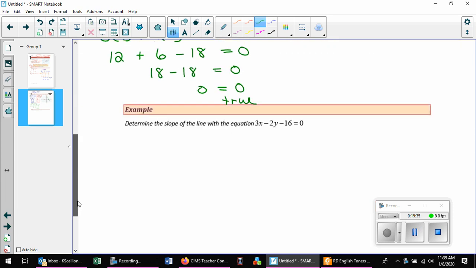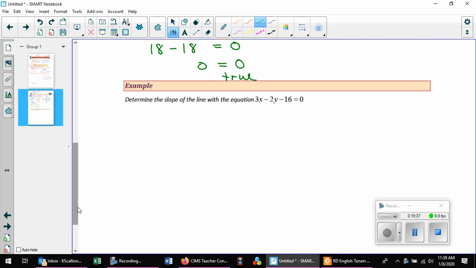Okay. All right. So now this is given to you. This is in general form. I want you to tell me what the slope is. What form, if we rearranged it, would show us the slope?